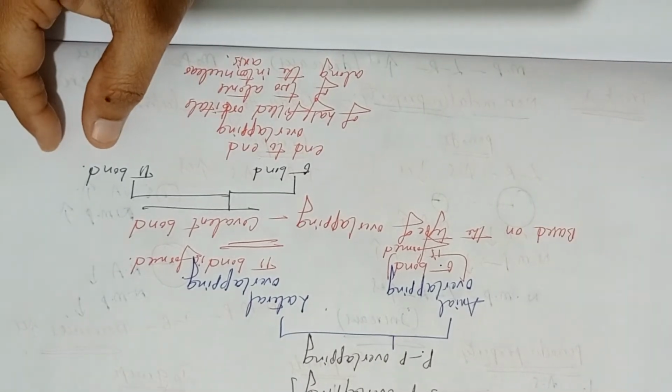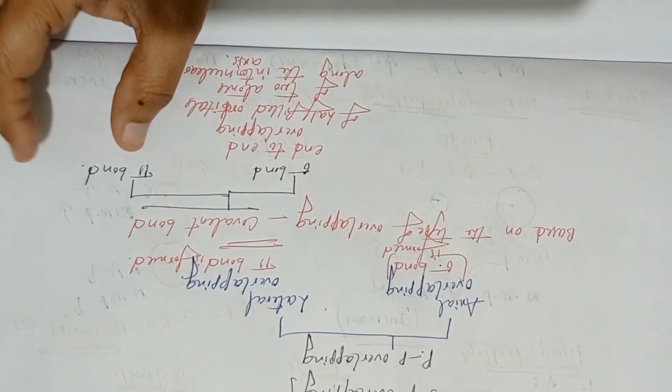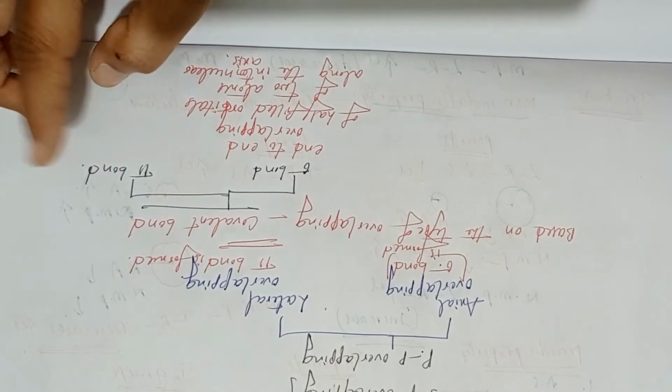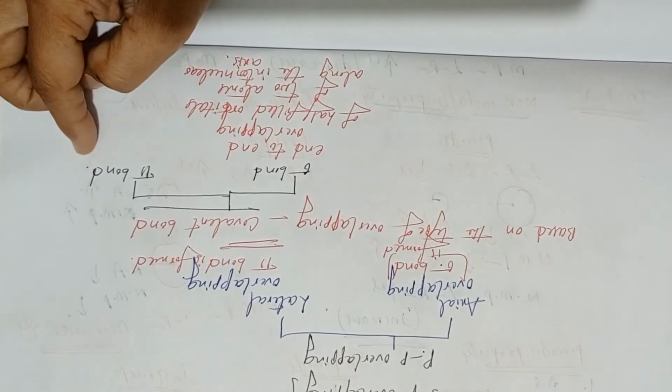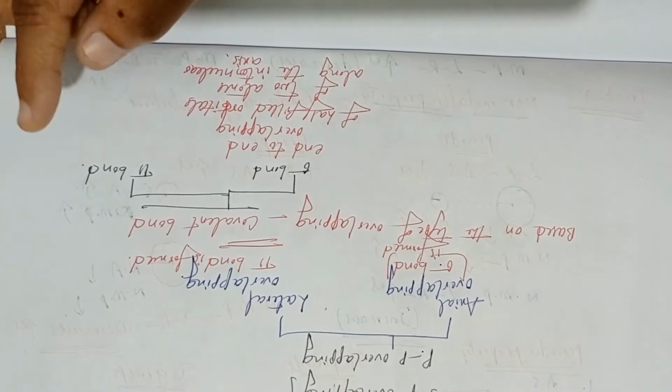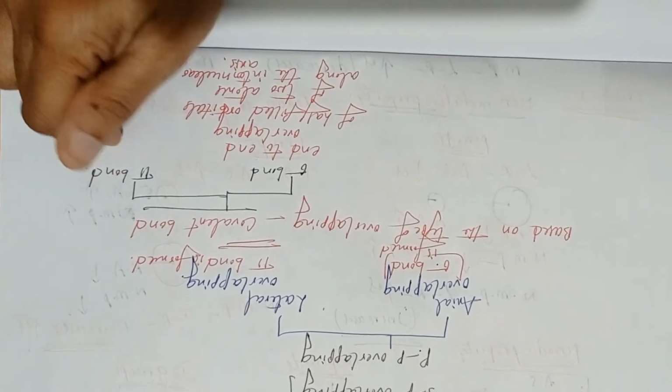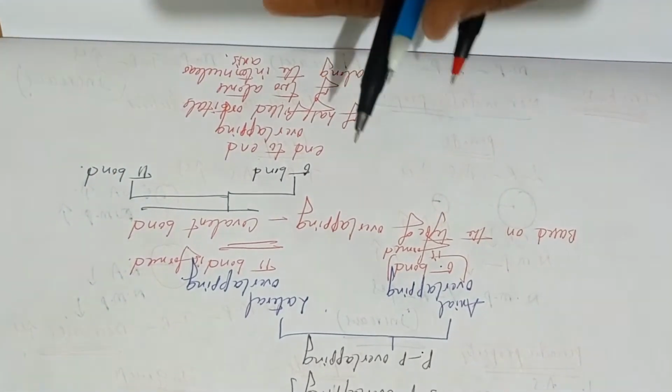Pi bond, how is it formed? Pi bond is formed by the sidewise overlapping of half-filled orbitals of two atoms perpendicular to the internuclear axis. What is the definition?